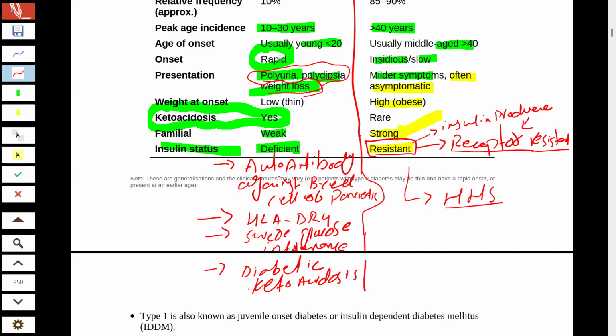When there is no insulin, glucagon increases, and glucagon causes lipid breakdown, and due to the breakdown of lipid, fatty acids form, which ultimately results in ketone body formation. Due to the presence of ketones, pH decreases, meaning an acidic situation in the body. But in type 2, there is a hyperosmolar hyperglycemic state, and in this, insulin is present, so ketones are absent. So no ketones in type 2.